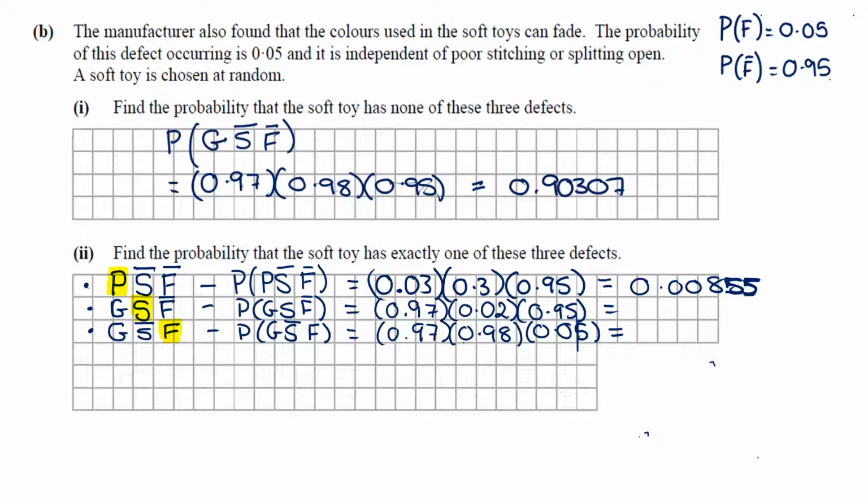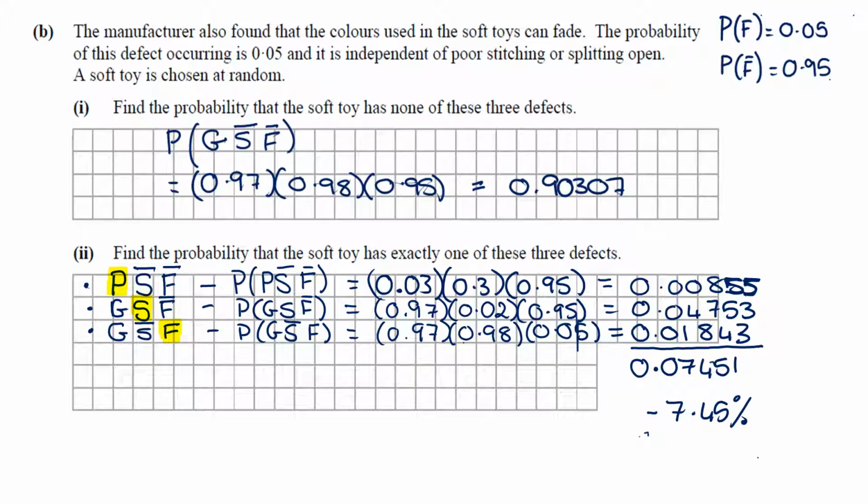So 0.97 by 0.02, 0.95 should be 0.04753. And the last one then is 0.01843. And we're going to add all of these together to get the total probability of all these scenarios. So you get 0.7451, which is 7.45%. And that's the probability of having one of those defects.